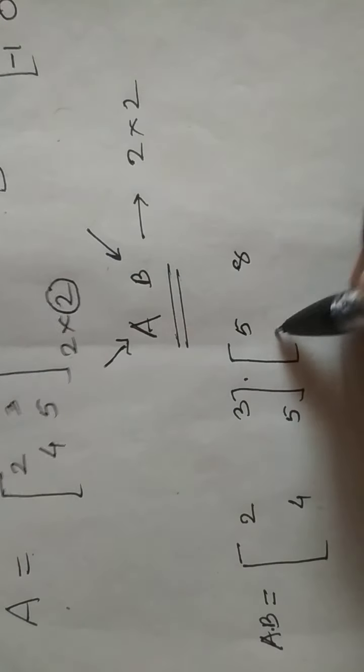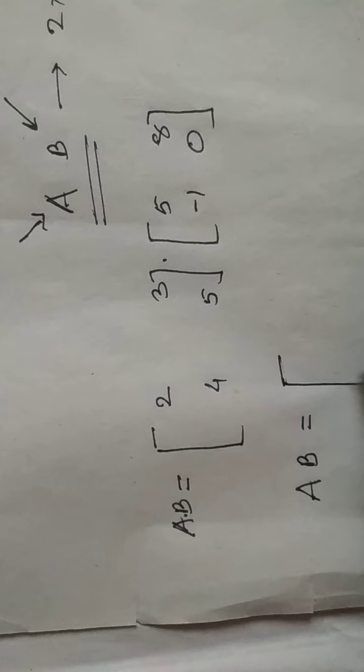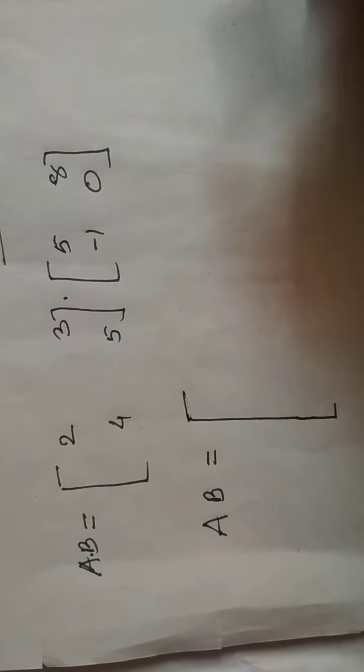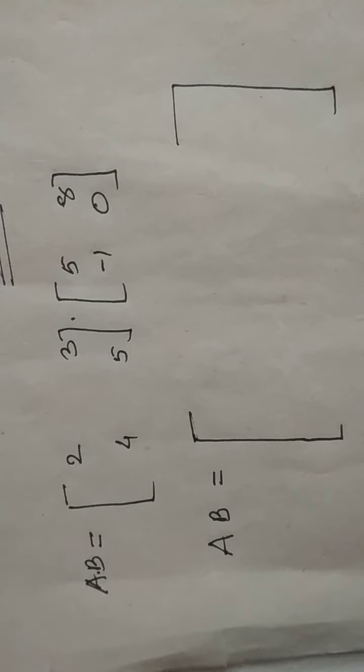I'll write it here, 5, 8, minus 1, 0. If you consider this matrix AB, we should understand that such a matrix has 2 rows and 2 columns.